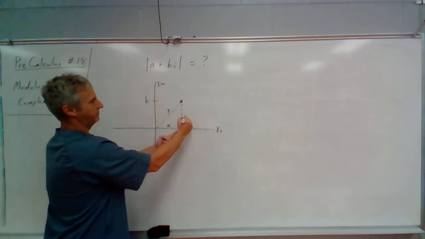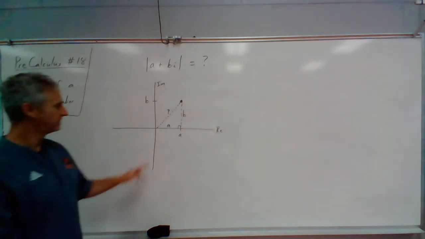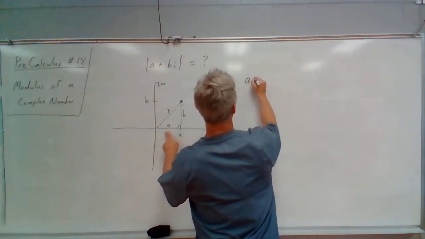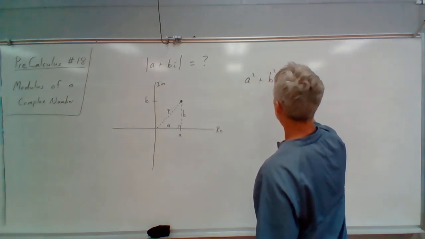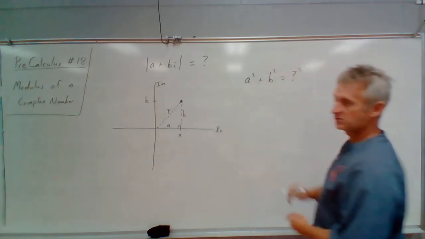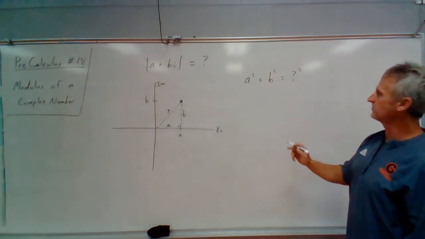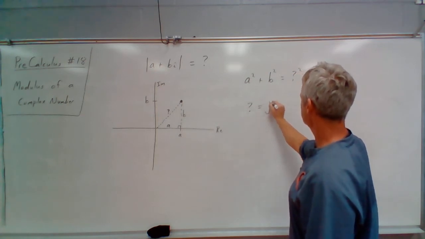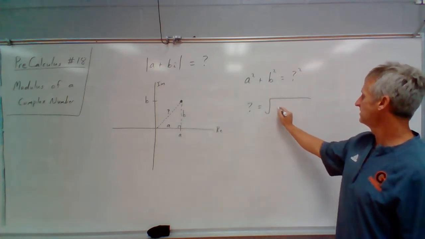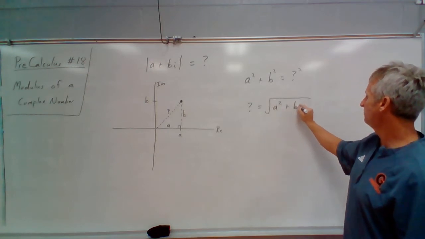This side of the triangle would be b units long. So we apply the Pythagorean theorem, which says that a squared plus b squared is equal to question mark squared. And if we take the square root of both sides, we will get question mark equals a positive square root, because we're talking about distance, of a squared plus b squared.